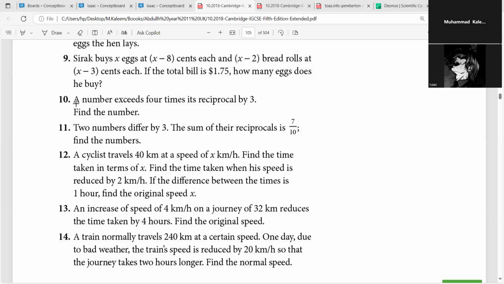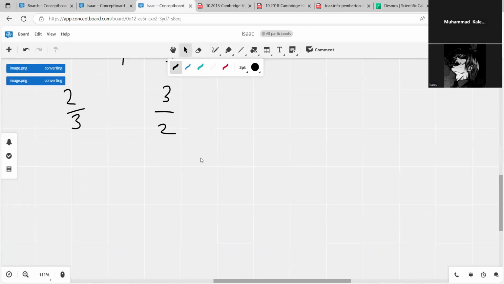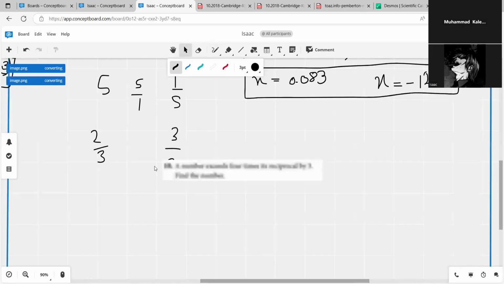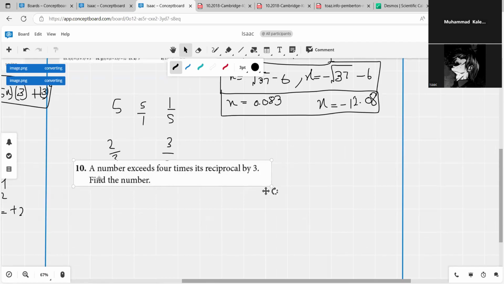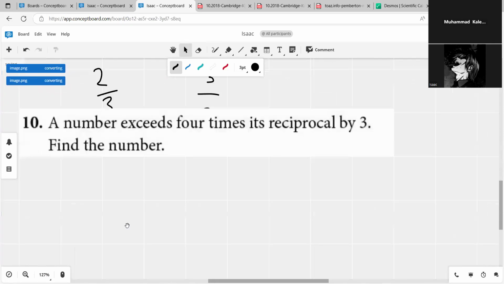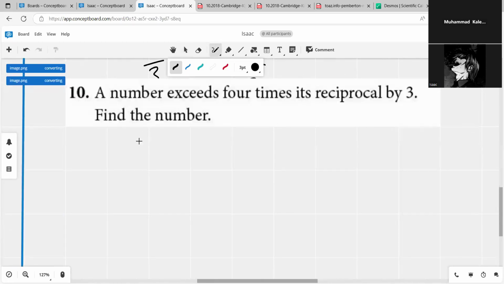So we'll solve this one here. They did not mention the method, so you can use any method. Definitely we will get a quadratic equation. Let's see whether we get a linear equation or a quadratic. We have a number. Let the number be x.